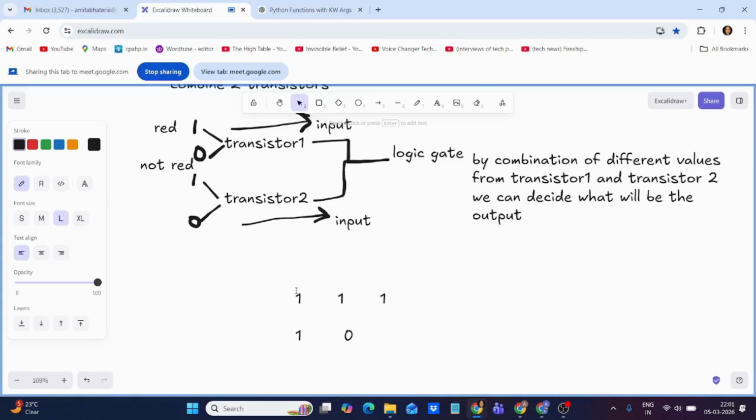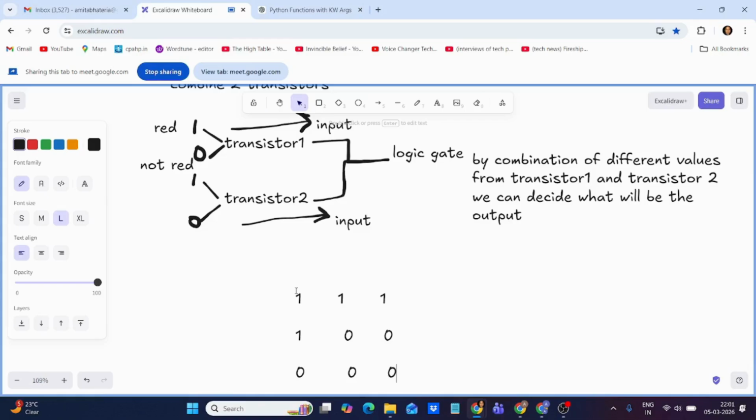False means not red, 0, right? And if both are 0, not red and the other 0 also means not red, what will be the output? Not wearing red, false, 0.